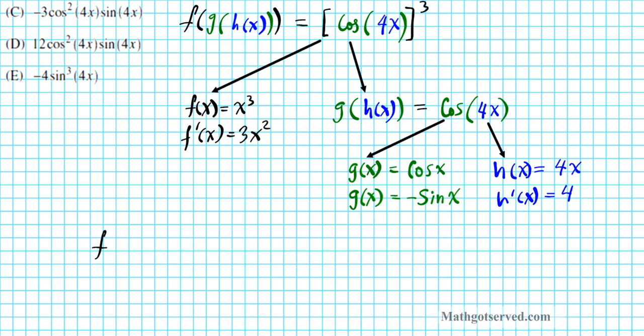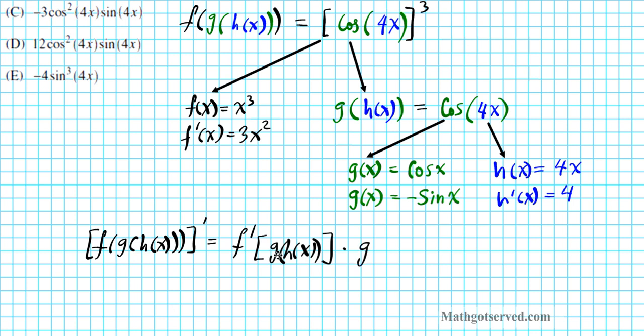The derivative of f of g of h of x is f prime, the derivative of the outermost function, evaluated at the inner composite function g of h of x, times the derivative of the inner function, g prime, evaluated at h of x, times the derivative of the innermost function.